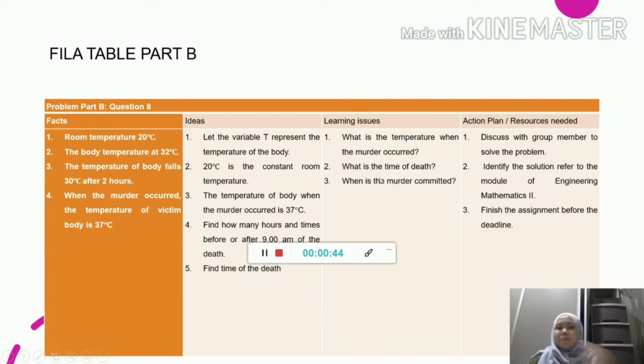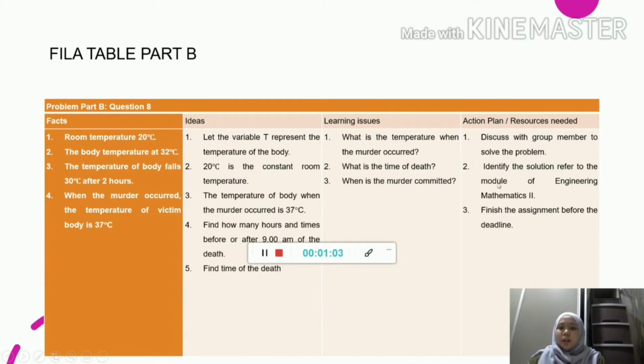For the questions, we got the initiative. First, discuss with group members to solve the problem, similar to the Phyla table part A, to share information with each other.